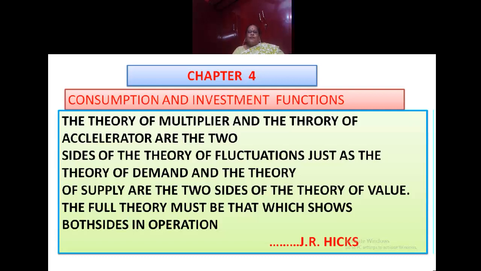The theory of multiplier and the theory of accelerator are the two sides of the theory of fluctuations, just as the theory of demand and the theory of supply are the two sides of the theory of value. The full theory must be that which shows both sides in operation, said by J.R. Hicks.